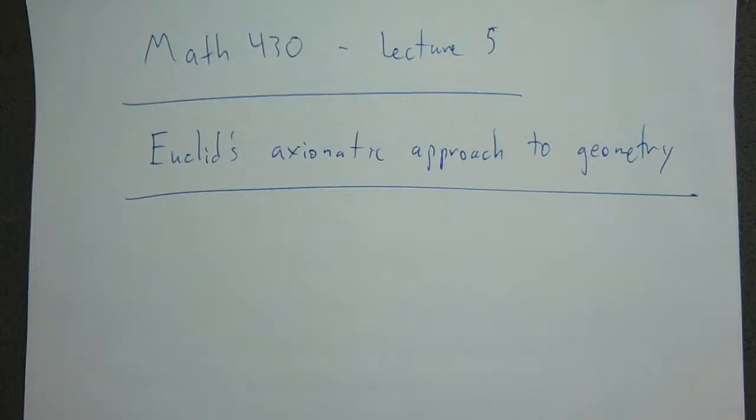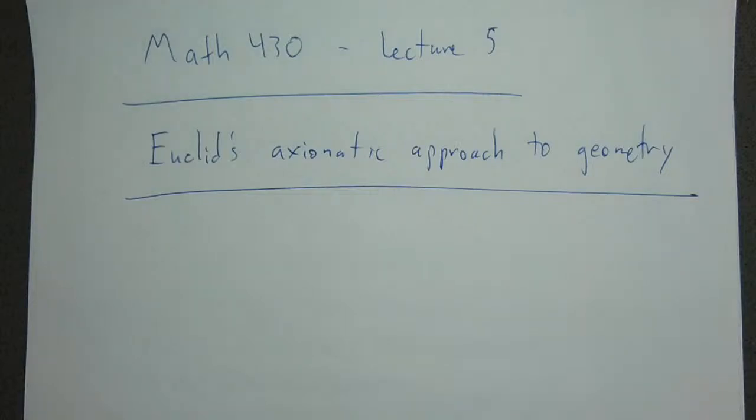So if you wanted to, you could approach Euclidean geometry purely from an axiomatic standpoint, developing it in the same way that set theory was eventually developed, with all the foundational stuff that math was built on.